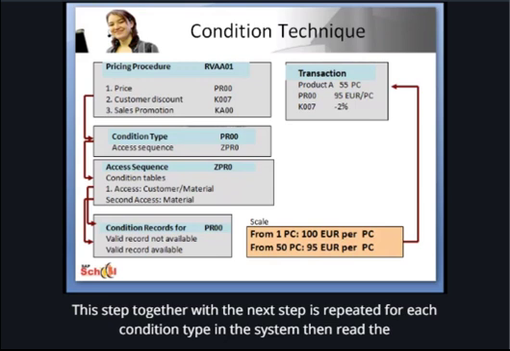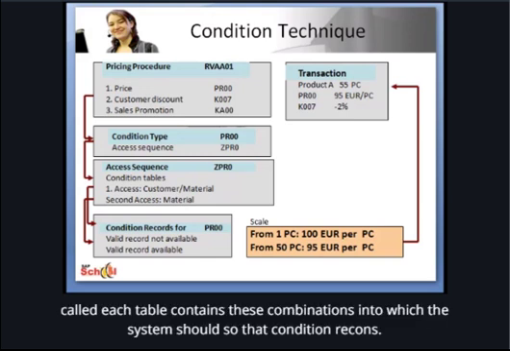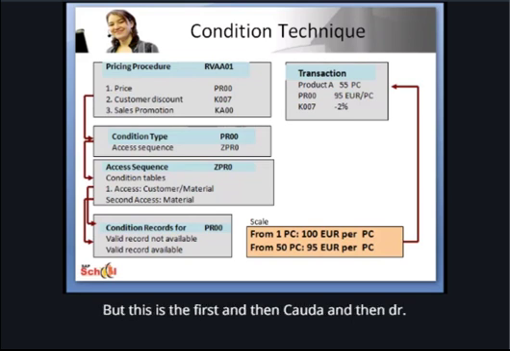The system then reads the access sequence with the condition table. The sequence of the condition table forms the search strategy for determining the individual condition records. Each condition table contains the field combinations according to which the system should search in the condition records. For example, business partner first, then product, and then price.